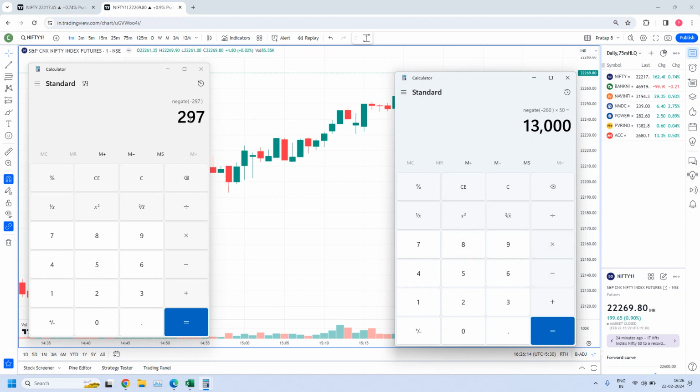In the cash segment, if you buy with an equal amount for 50 quantity, you have to take an ETF, exchange traded fund. Nifty BeES is an exchange traded fund. Like how we buy stocks, the same way you can buy ETFs.